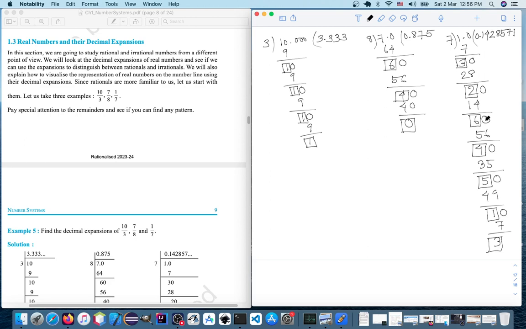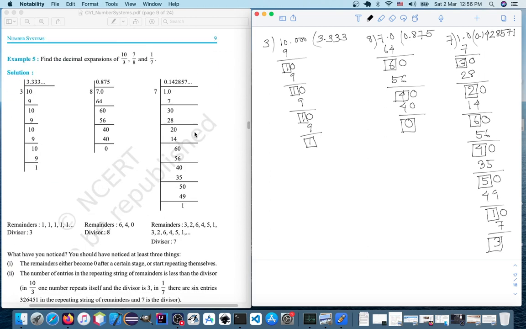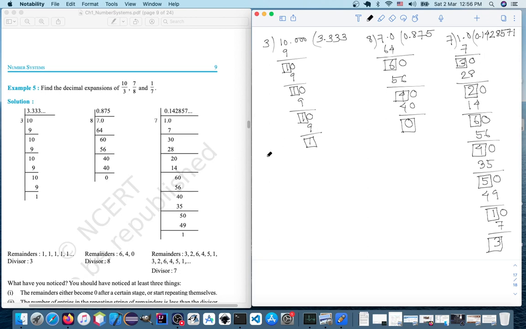Now, we see that when we divide 10 by 3, we got remainders 1, 1, 1, 1, 1, and so on.